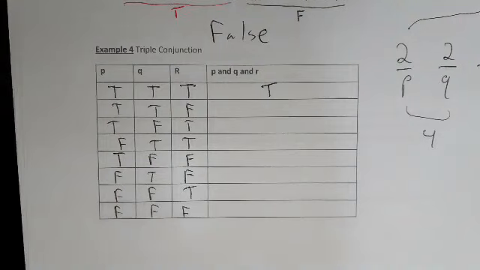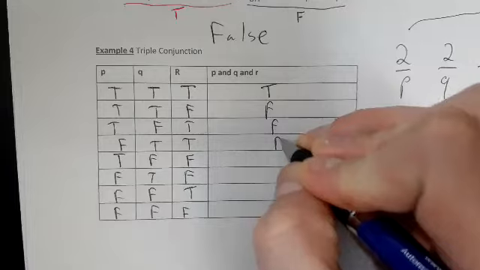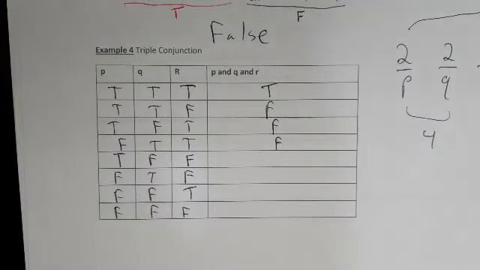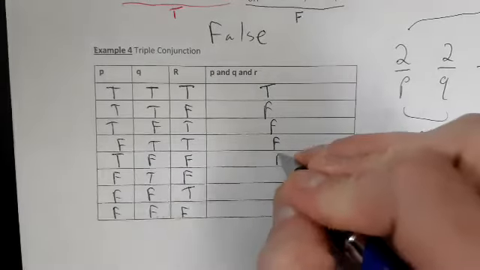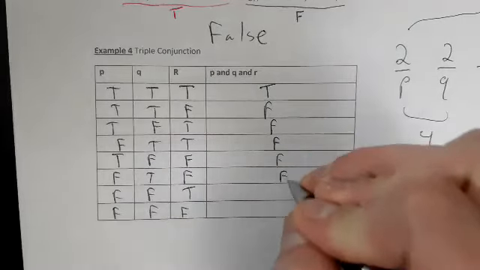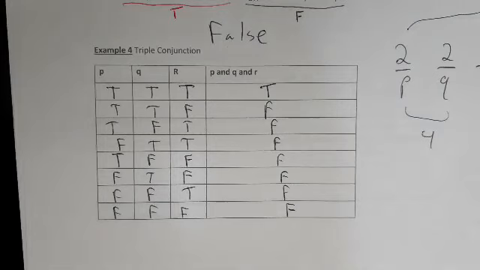So there's 3 statements, and if they all turn out to be true, the and statement is going to be true. If one of them is false, guess what? Whole statement is false. If 2 of them are false, guess what? This whole statement is false. All of this thing is false. So the only way that it's true, and this is going back to how we did the 2 propositions, right?